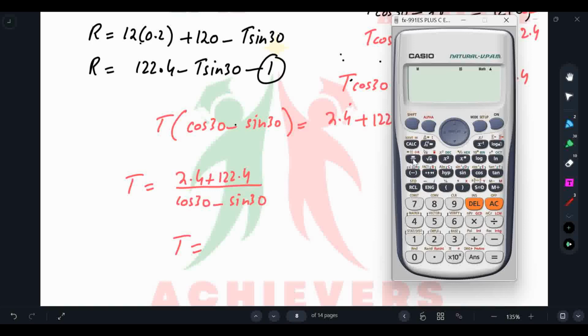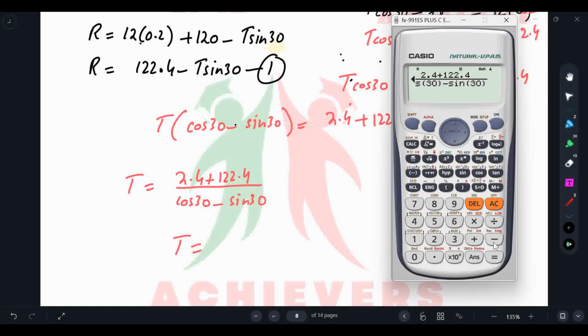Okay, now this will be 2.4 plus 122.4. You can verify the answer by yourself also, because sometimes we have to check whether there is any calculation mistake or not, and if there is any calculation mistake, you can point it out in the comment section.